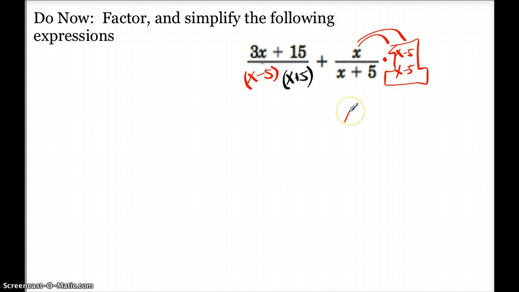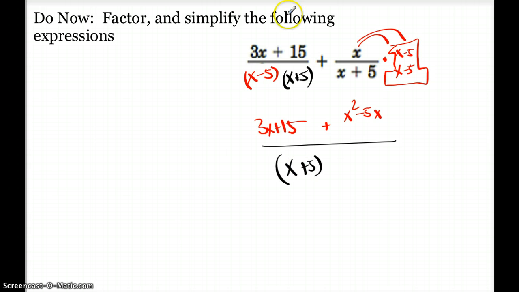My numerator is x squared minus 5x plus 3x plus 15. That's our numerator. Here's our wonderful, beautiful denominator. It's all the same, x plus 5, and in red, x minus 5. Okay, I'm going to combine my like terms across the top.